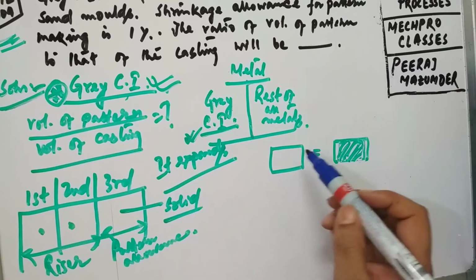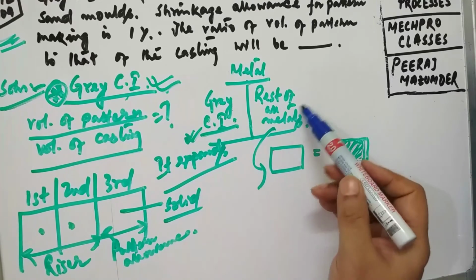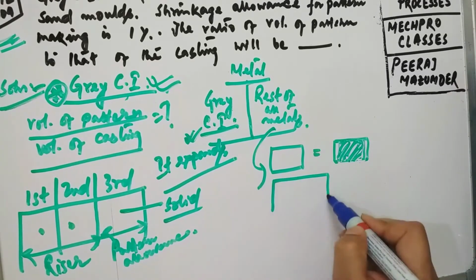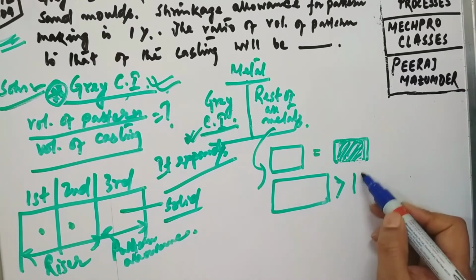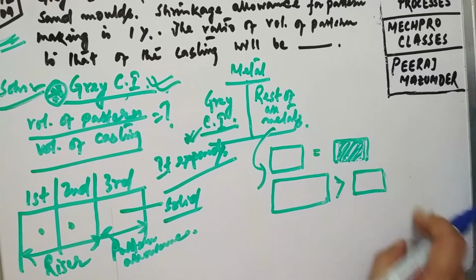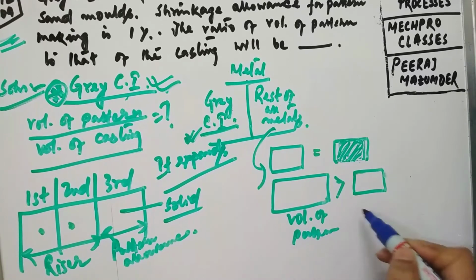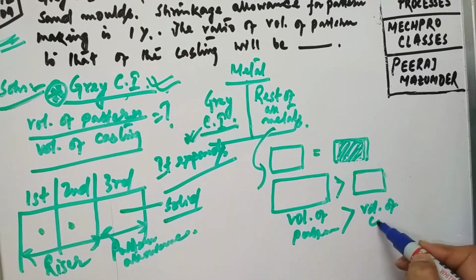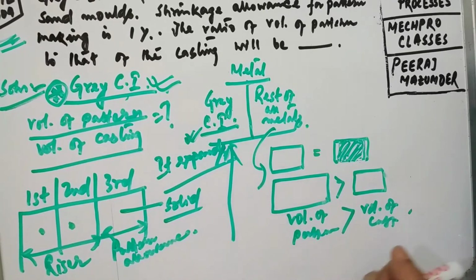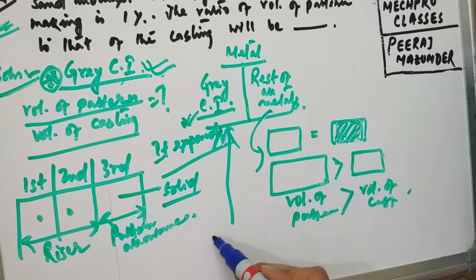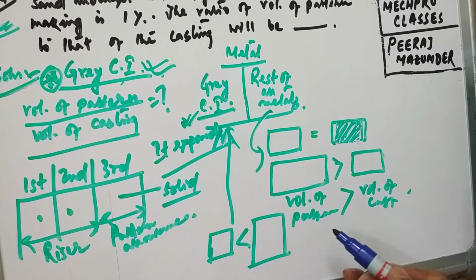So for all of the metals, you have to produce a larger shape or larger volume of pattern than required for the final product or casting. So volume of pattern should always be greater than the volume of casting for each and every metal. But for this particular case, you have to keep in mind that the pattern should be less than the casting, the final product.